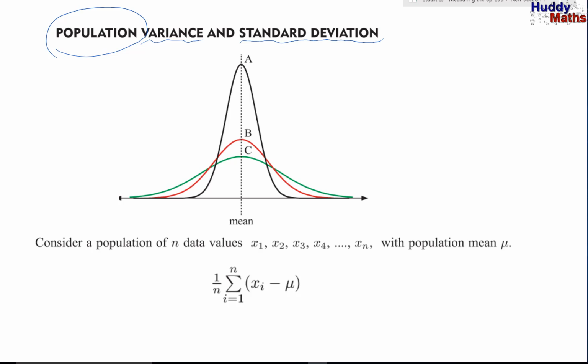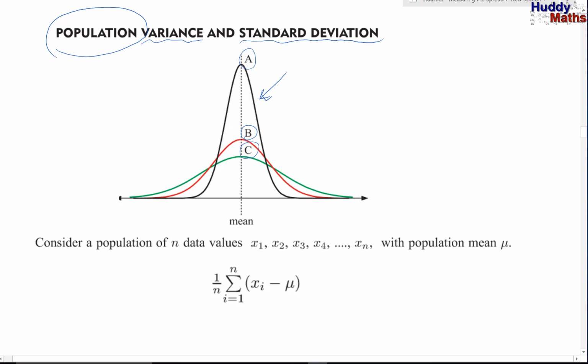So we are going to talk about this for a start, as if we are able to measure every member of the population. So we have continuous data here, and we've got the whole population again measured in these 3 distributions, A, B and C, and they have different spreads as before.